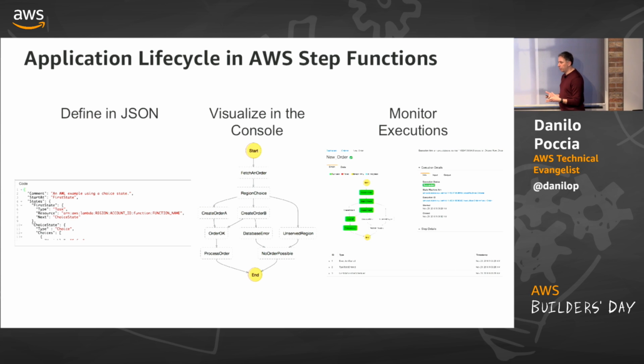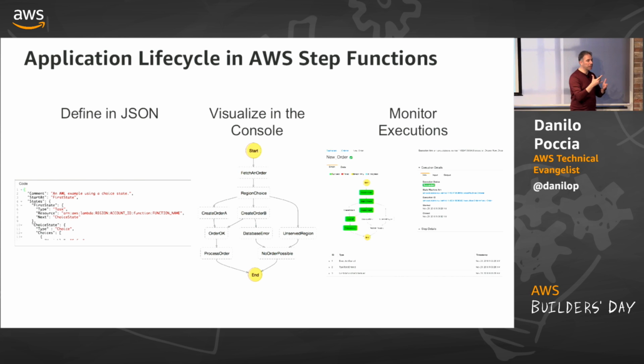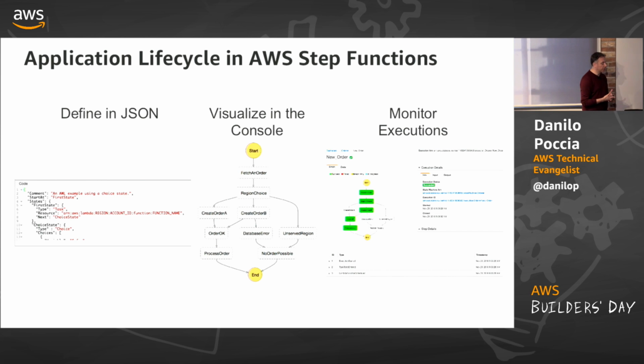So the idea with Step Functions is that you can define a workflow, what we call a state machine. And if you studied computer science, this is exactly the state machine that you studied. So you define this state machine, this workflow that describes the tasks that you need to do, and what should happen as data is passed through the different states. And you can use a JSON language to do that. This JSON language is automatically visualized in the console so that you can really visually understand what you're mapping.